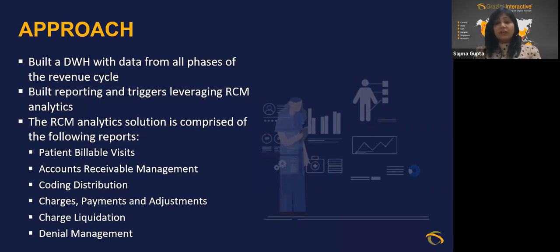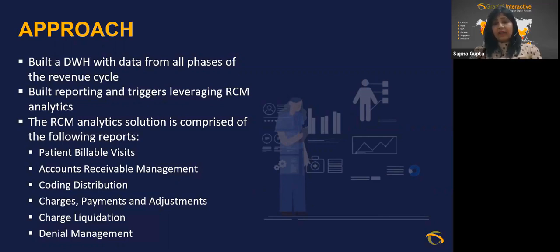By storing all the historical information, the customer was able to better analyze the data over a specific period of time. With the data warehouse in place, we built reporting and triggers to leverage analytics for effective revenue cycle management.